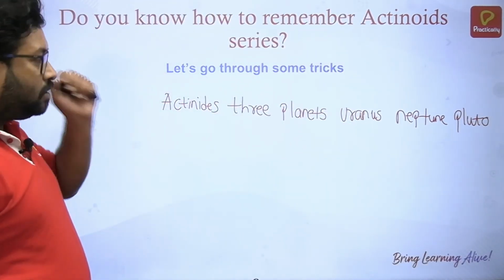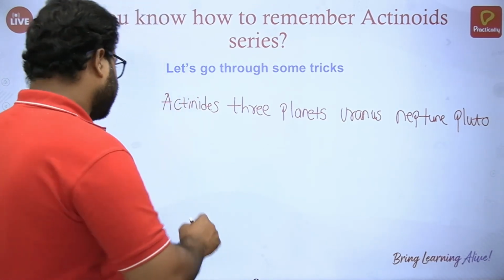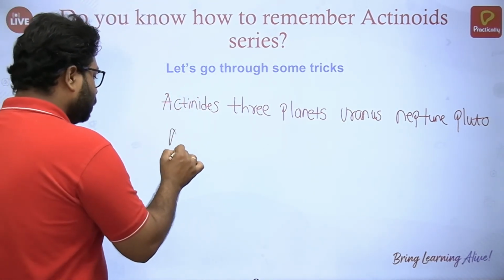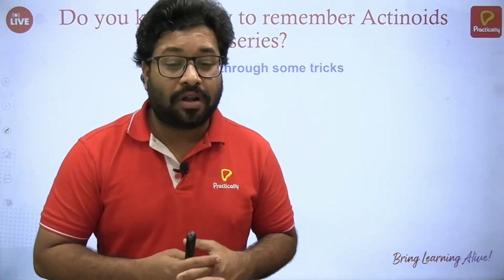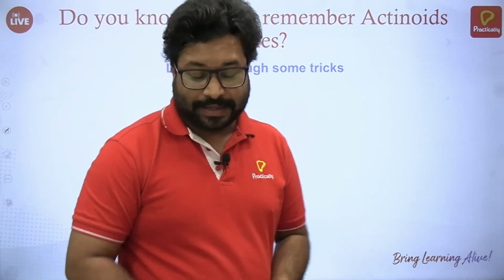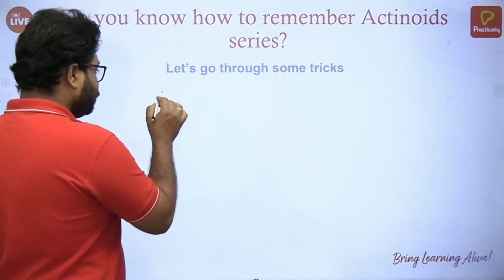Uranus, Neptune, and Pluto. Okay, after that we have, now let's remember all the actinides through mnemonics. Now let's see how these mnemonics are.